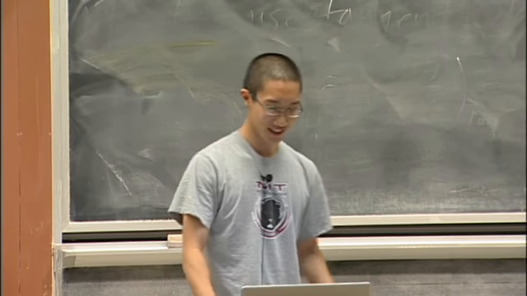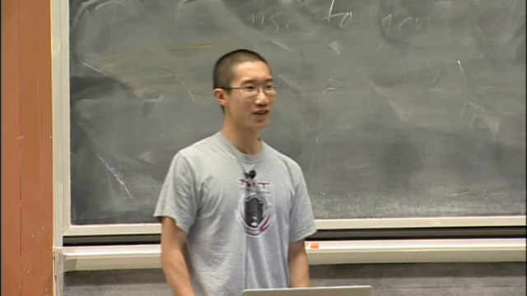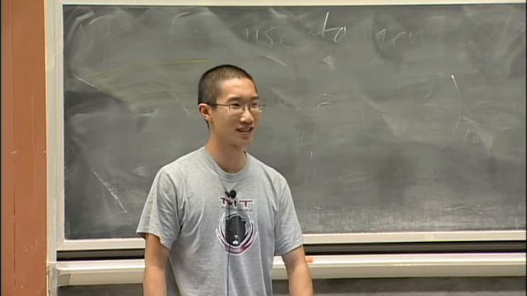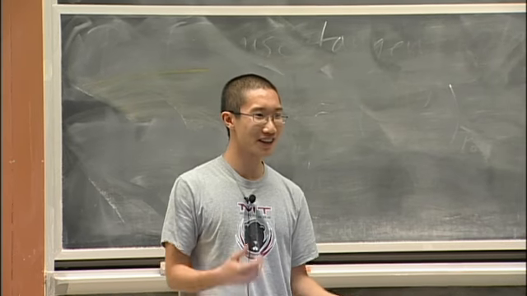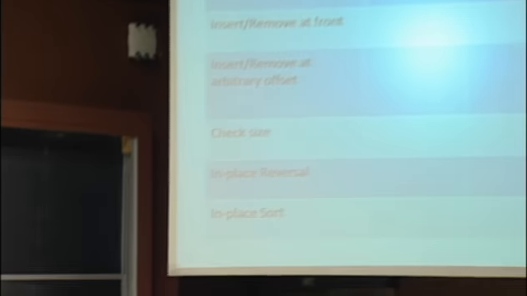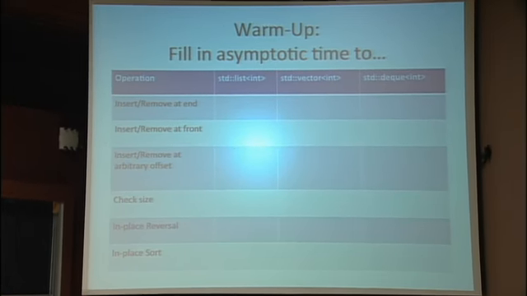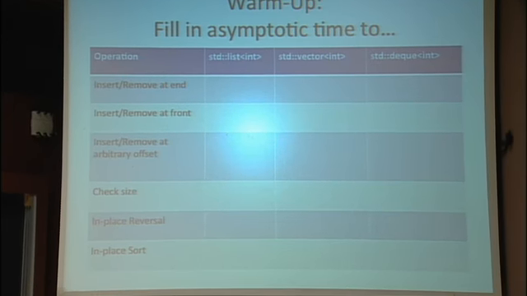Okay, so let's start with filling in the table for the list. So inserting and removing at the end of a list: constant time, linear time? How many people say constant time? Linear? Half and half, wow. Don't rely on your neighbor during the test.